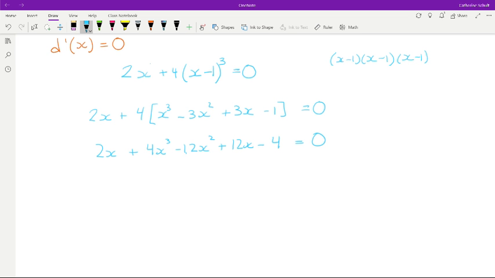Okay, now what can we do? There's a 2x plus 12x we could take care of. So we have 14x, all right, equals 0. We can factor out a 2, all right?